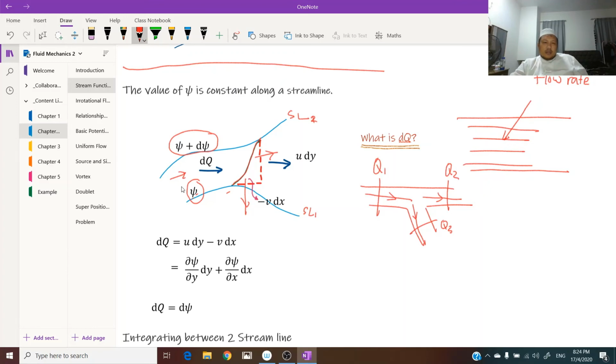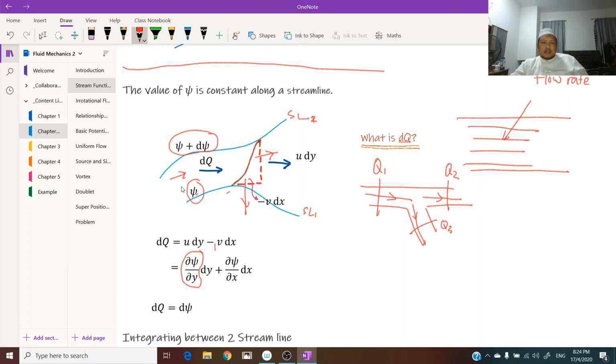So if we look at this, this is u. We can replace it by this equation, which we have studied before. We know that du equals del psi del x dx plus del psi del y dy.